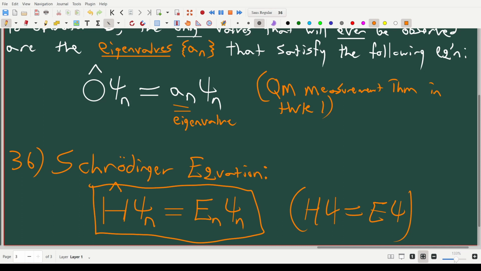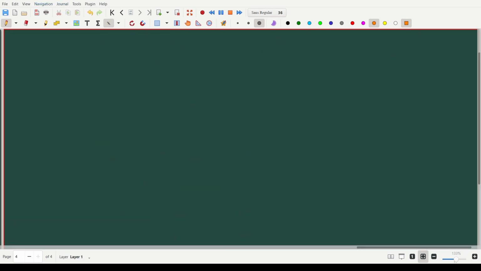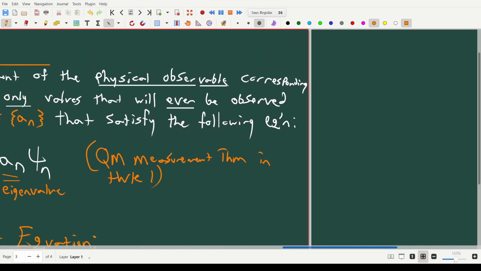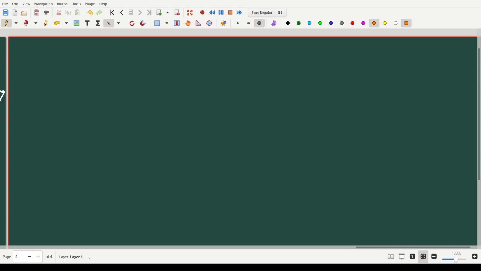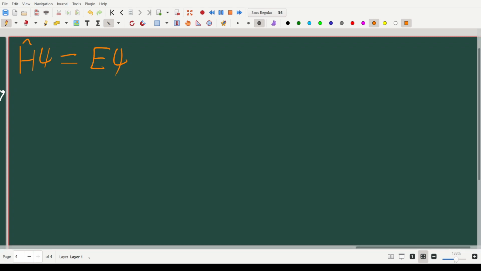So let's look at that today. So what is H? Now I wrote it down in my big table, but I didn't really contextualize it too much last class, and I'll rewrite it for you. So let's look at the Schrodinger equation a bit. H psi is equal to E psi. And I like to write it like this. I'll put a little hat on it. So what is H?